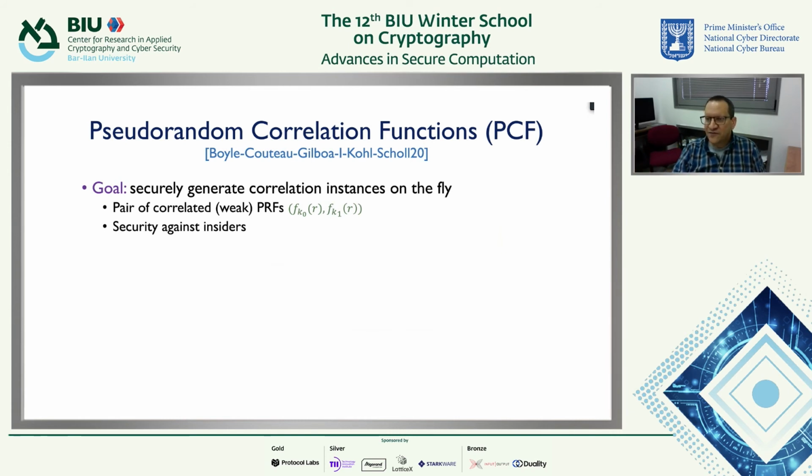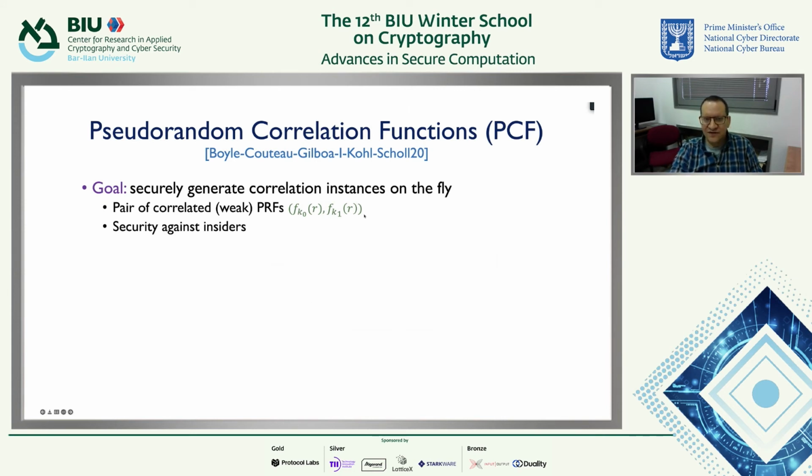And similarly for PCGs, if we don't want to pre-compute and store all this long target correlation, say 1 billion instances of OT or OLE, and we want a short state that will allow us to generate more correlated instances of OT, VOLE, OLE on the fly, then we want a pseudorandom correlation function.